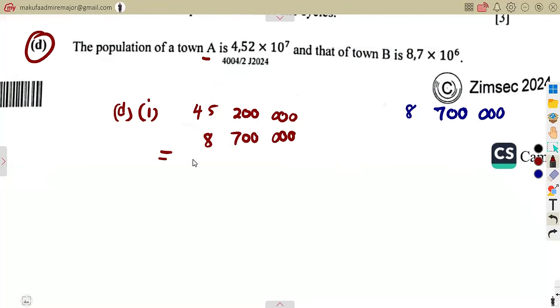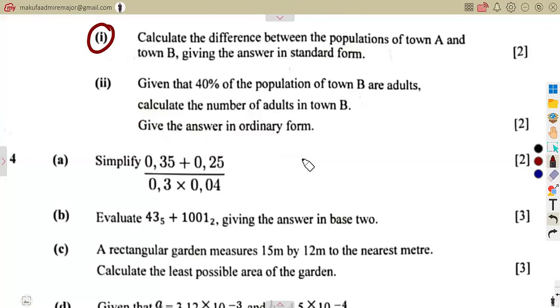So in this case, we are going to subtract 8,700,000. This is the use of your calculator, paper 2. Use your calculator. Guys, sorry for that. I need the difference there.